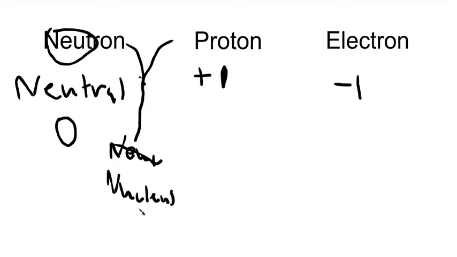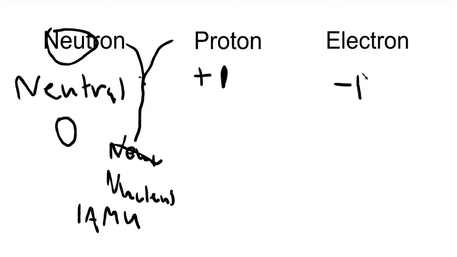Okay, both of them are in the nucleus, and the electrons are in the outer rim of the atom. So I will write that down. Both the proton and neutron also have similar weights, both having 1 atomic mass unit, 1 AMU. I'll explain what an AMU is later.